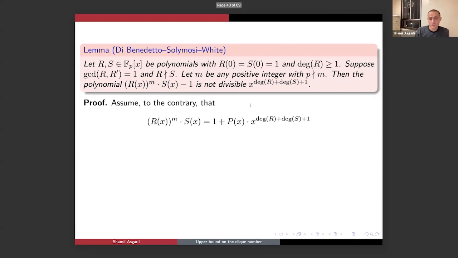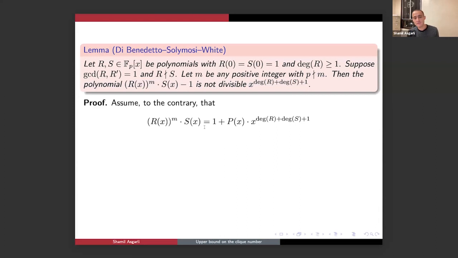And the proof is the following. We're going to assume to the contrary that R(x) to the m times S(x) minus 1 is in fact divisible by this particular monomial, x to the power of degree of R plus degree of S plus 1.